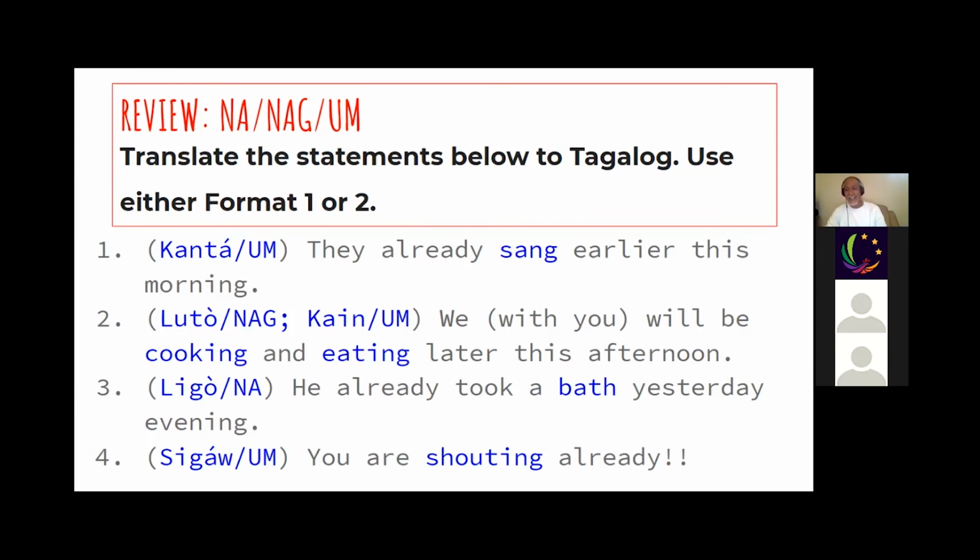Sumisigaw ka na. Yes. That's what we say to somebody who speaks so loud, you know, the typical tourist, right? And then they would somehow get this comment from the folks at the home, hoy, sumisigaw ka na. Jokingly though.